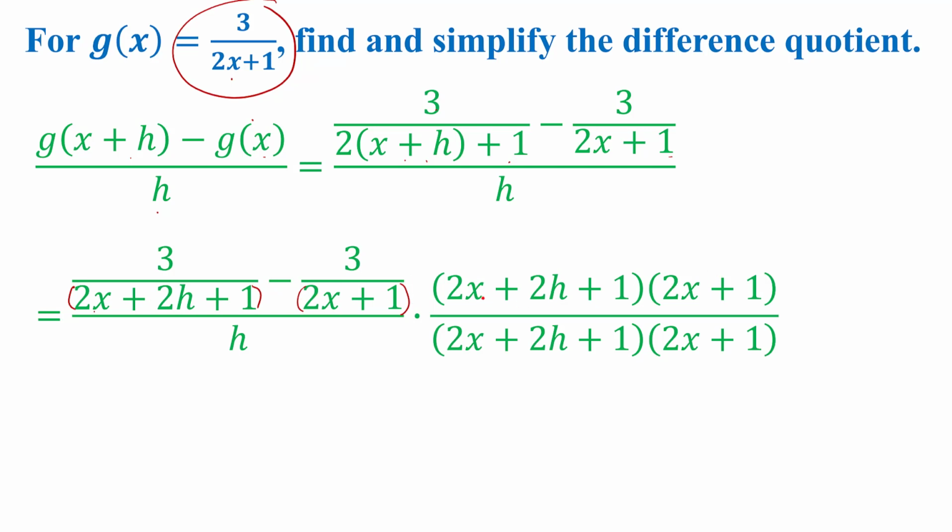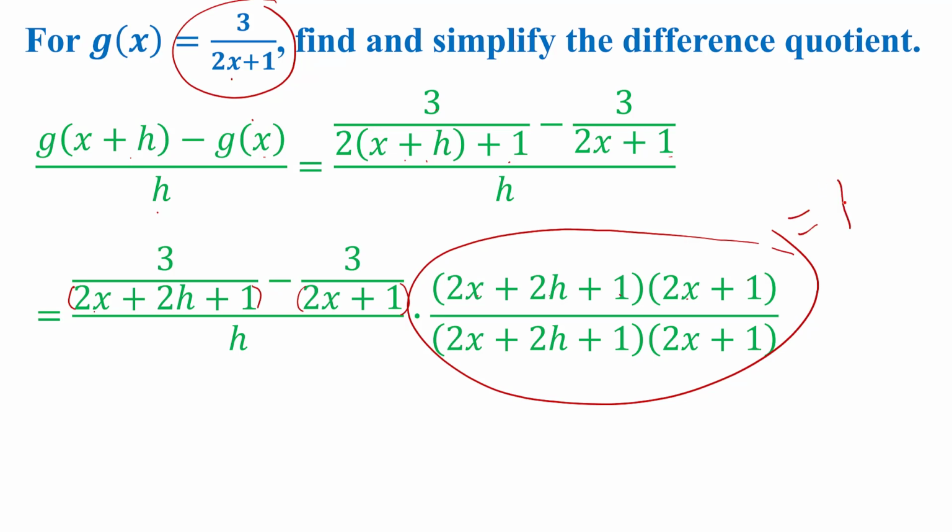So the least common denominator would be 2x plus 2h plus 1 times 2x plus 1, and I'm going to put that least common denominator all over itself. So what I'm essentially doing here is multiplying by 1, which is okay to do, right? We can always multiply by 1 without changing anything.